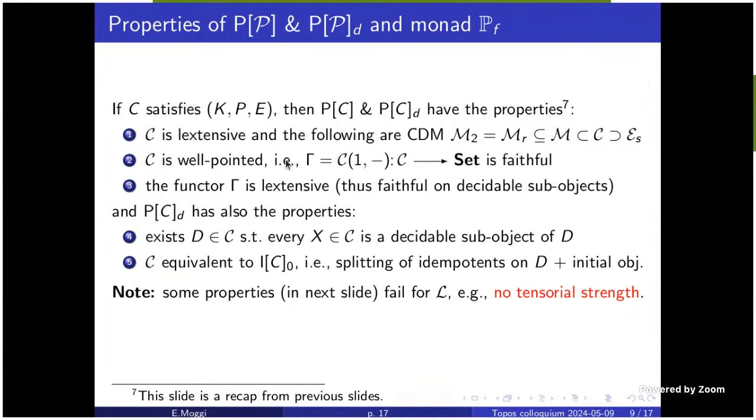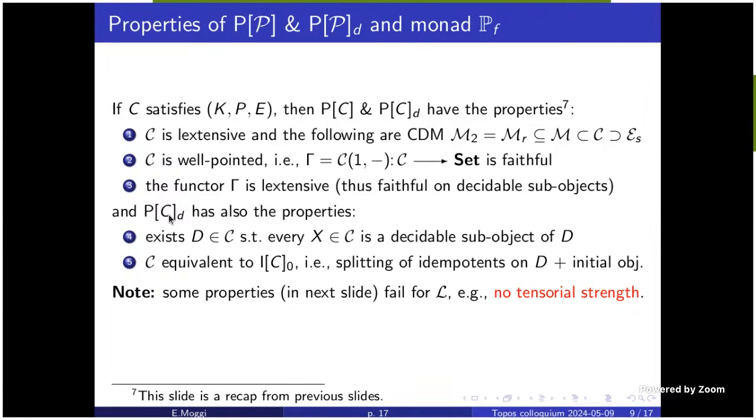They are well pointed in the sense that the global section functor into Set is faithful. And moreover, this functor is extensive. In particular, this means that decidable subobjects are mapped into subobjects in Set. So it's faithful also on decidable subobjects.